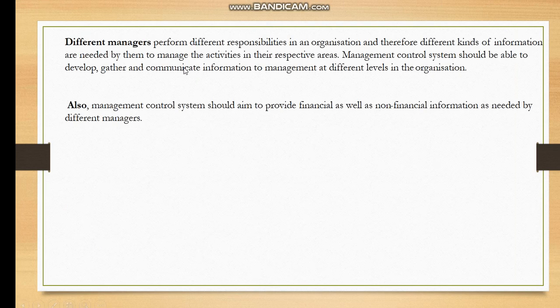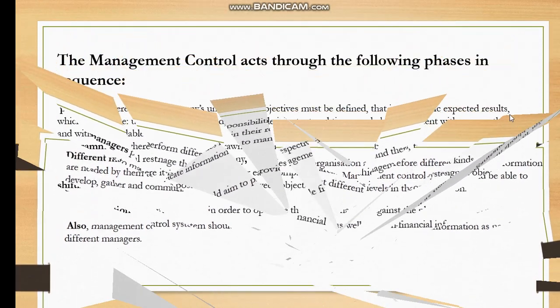Different managers perform different responsibilities in an organization, and therefore different kinds of information are needed by them to manage the activities in their respective areas. So the management control system aims to provide financial as well as non-financial information as needed by different managers.